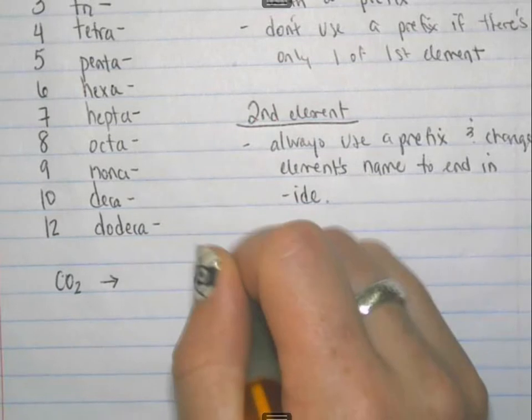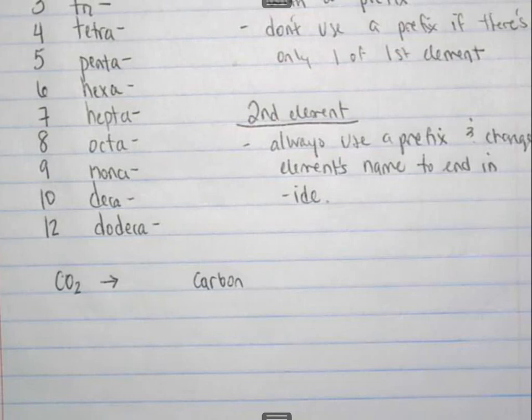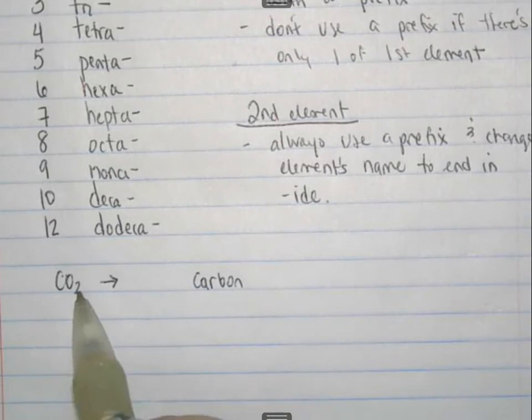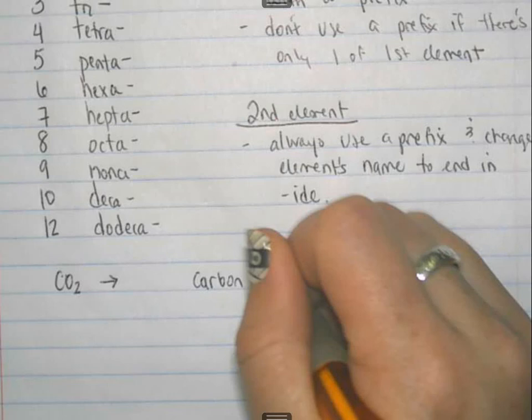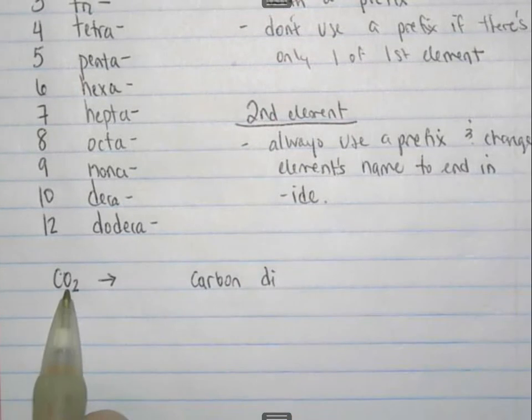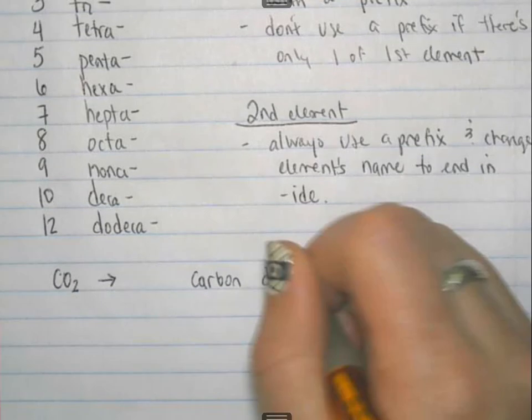No, because there's only one. So I just call it carbon. The second one, I said always use a prefix. So how many oxygens are there? 2. So we use the prefix di. And then we use the oxygen just like I would have with the ionic thing, and I changed the ending to ide. So oxygen becomes oxide. Put it together and I have dioxide. Carbon dioxide.